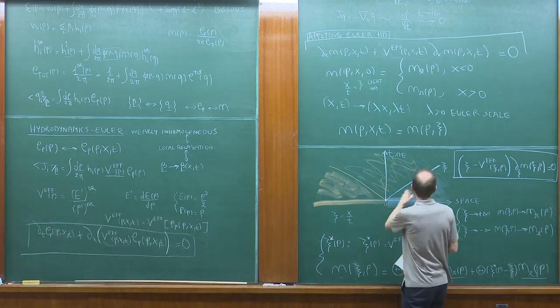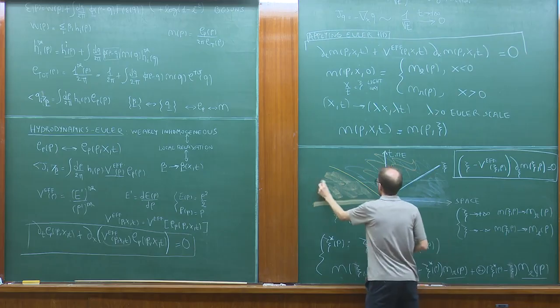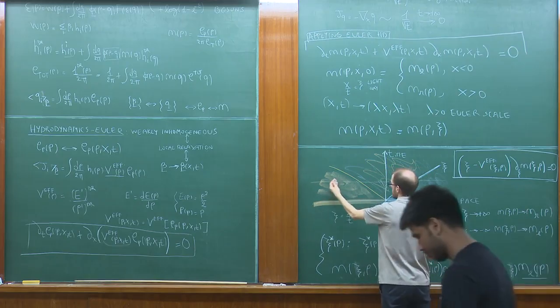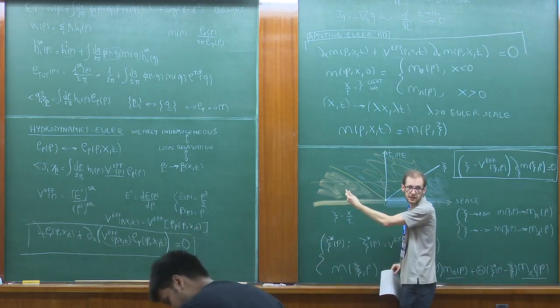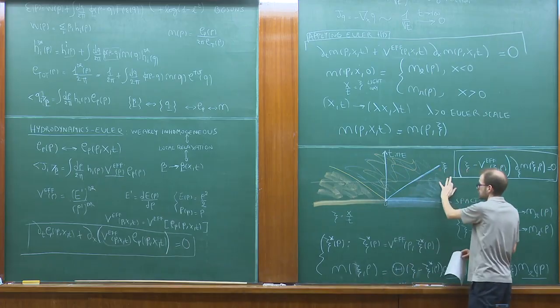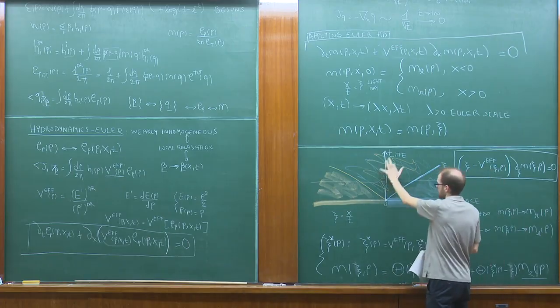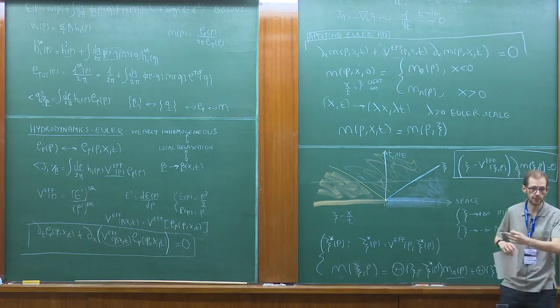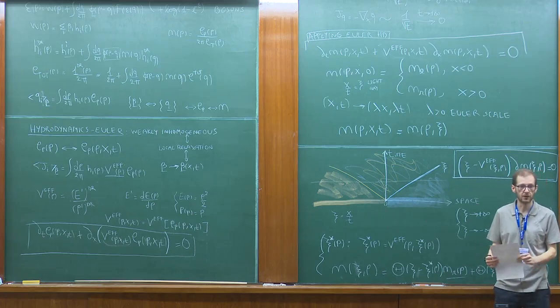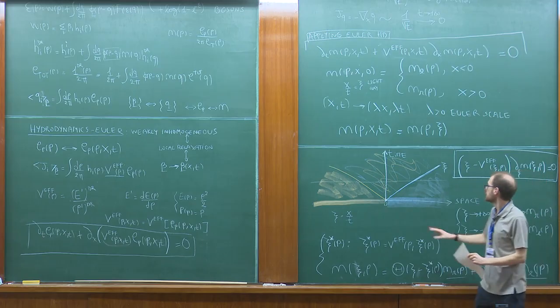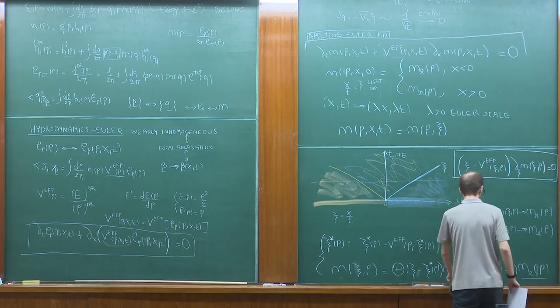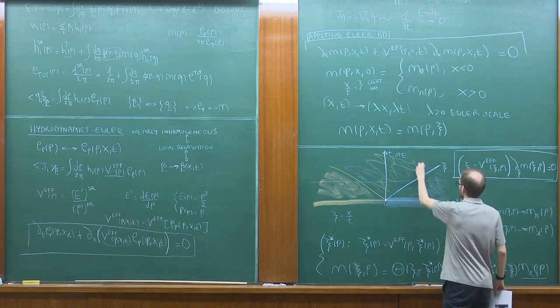So let's say you look at a fixed time slice. And so here you still have this asymptotic state left. Here, same discussion on the right. In between, you have some profile forming, which interpolates between the two, okay? And this is a light cone, just to say.